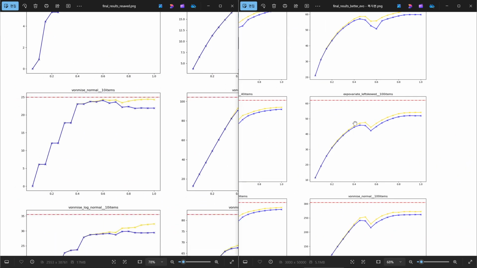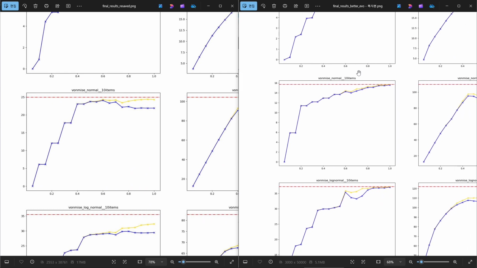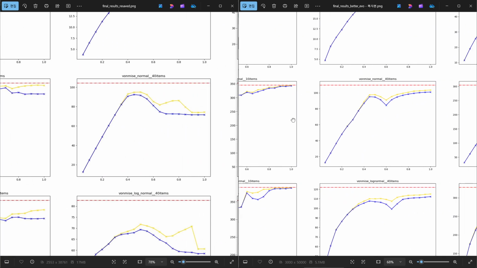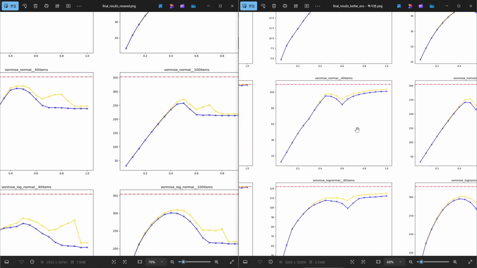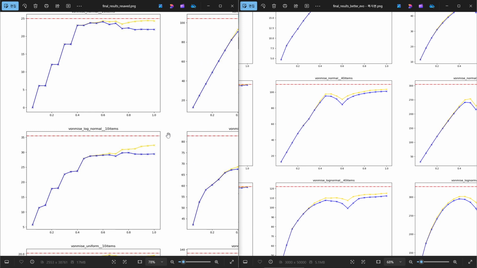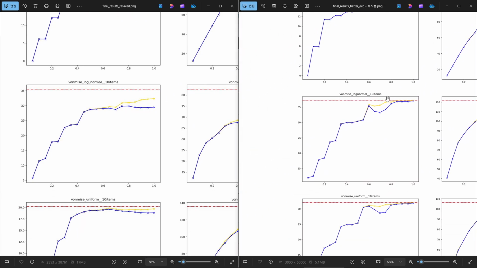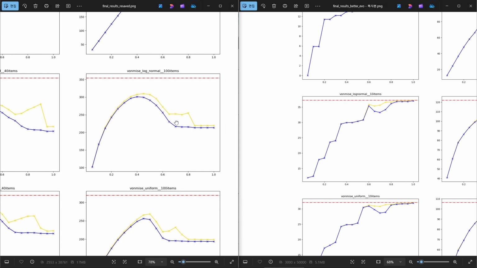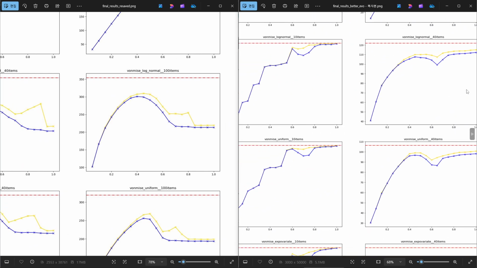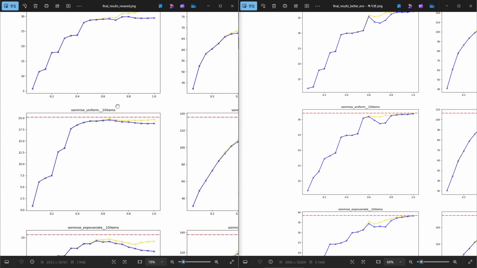Okay. For Mesa normal. That's really weird. For Mesa log normal. Okay. Cool. For Mesa uniform.